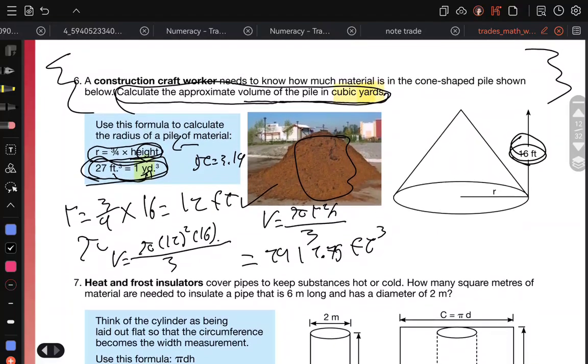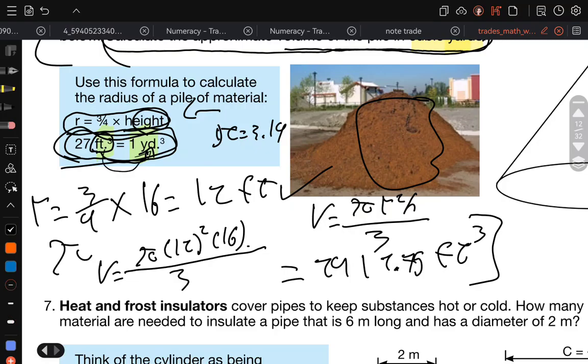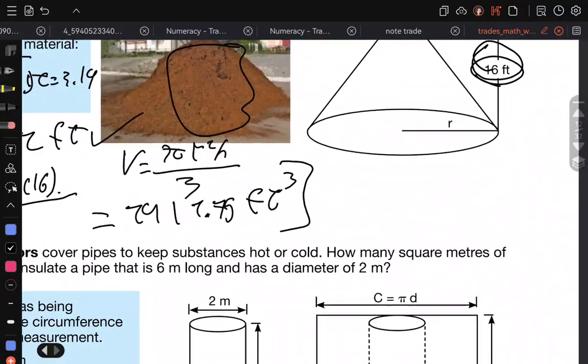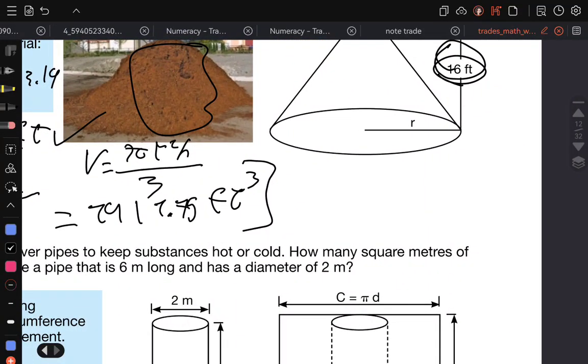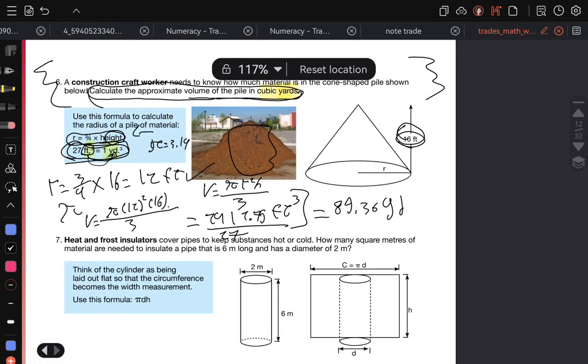Now we need to convert from cubic feet, since we have the same unit on our left-hand side. Let's convert it to yards. It's basically just dividing by 27, and the answer will be 89.36 cubic yards.